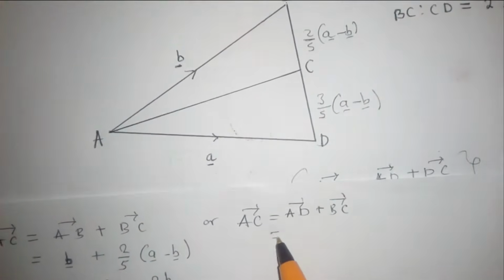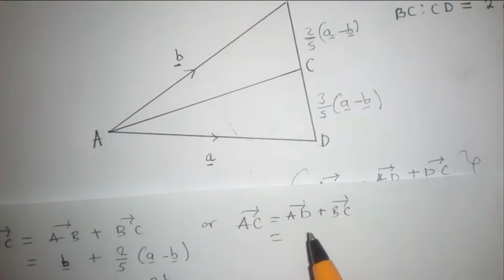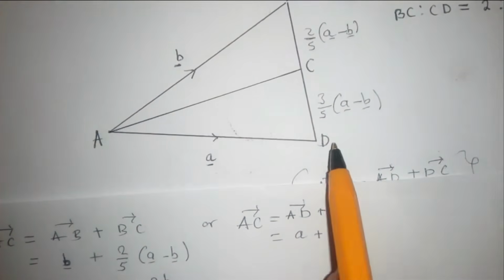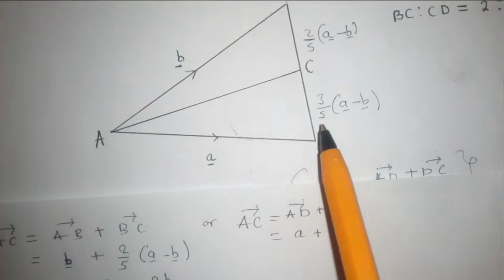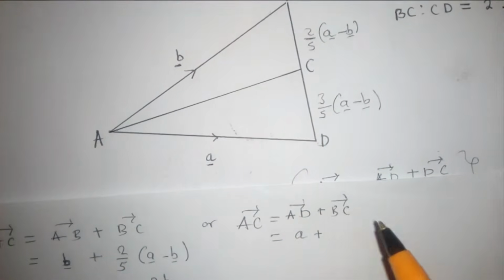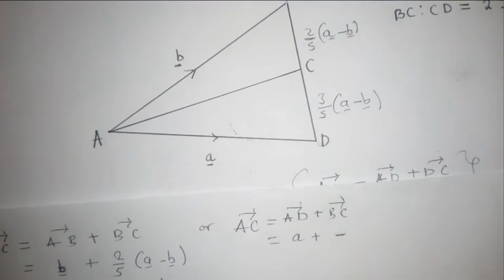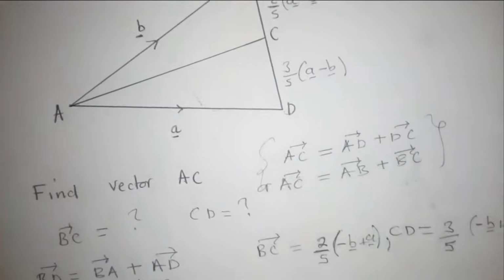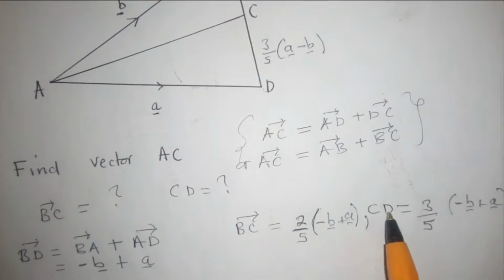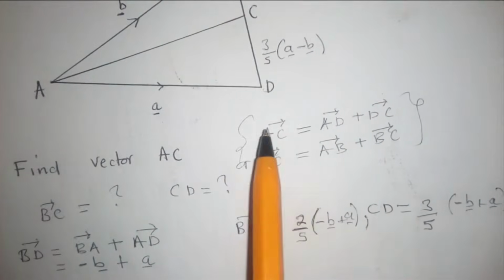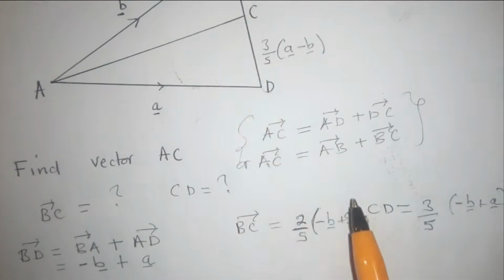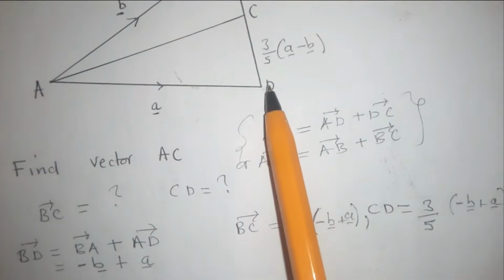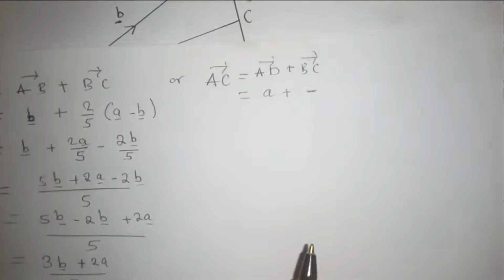So here if we say AD is A plus DC. DC, okay, should be negative, because here, if you remember nicely, we have C, D, but here we want D, C. So this will be opposite, meaning we'll say negative, okay?